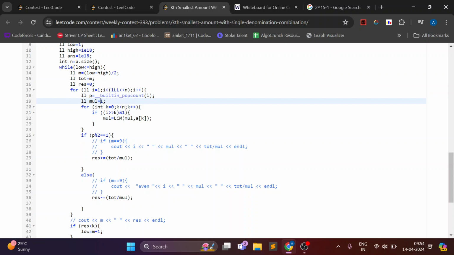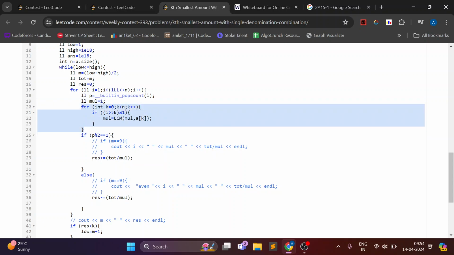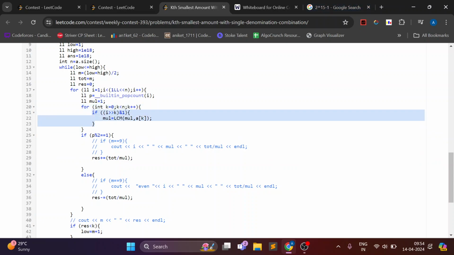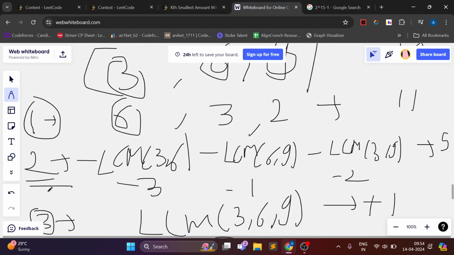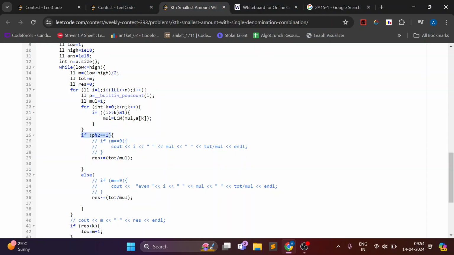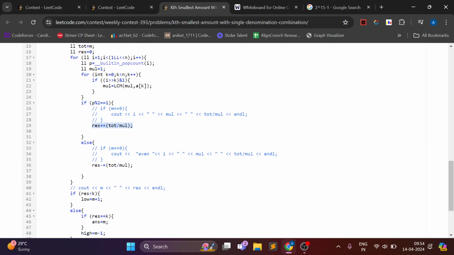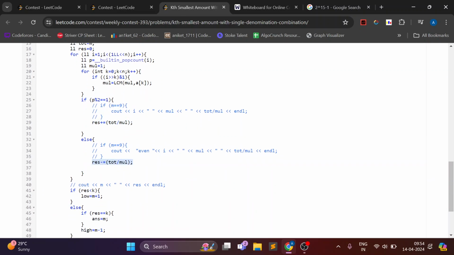And then I'm calculating the number of ones in it and finding a multiplication. For storing the LCM, I declare mul equal to 1, and then I'm iterating over all the bits, and if any of them is set to 1, I take the LCM of mul and a of k. Now if p mod 2 is 1, as we discussed, if it is odd, I have to add the number of multiples, and if it is even, I have to subtract the number of multiples.